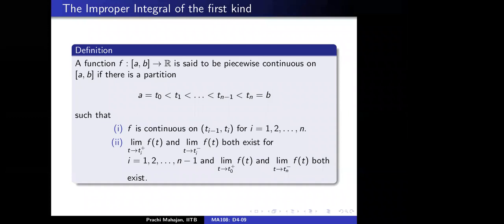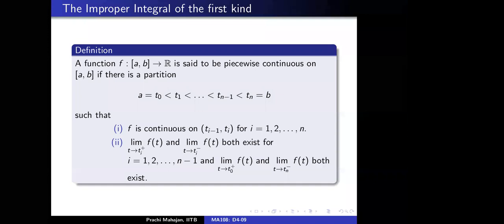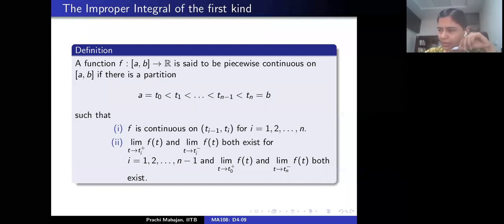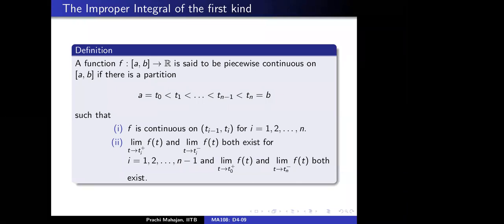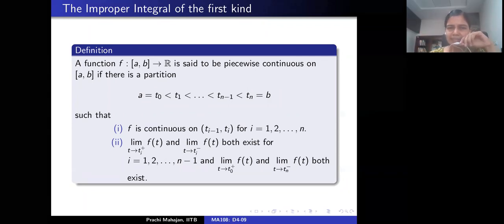Yes, ma'am. So it's continuous. Ma'am, can you give one example in which it is not piecewise continuous? So maybe it will be more clear for me. Okay, Dirichlet function. I said Dirichlet's function, 0 when rational and 1 when irrational. So the limit doesn't even exist.